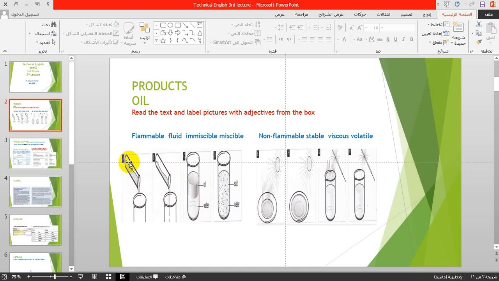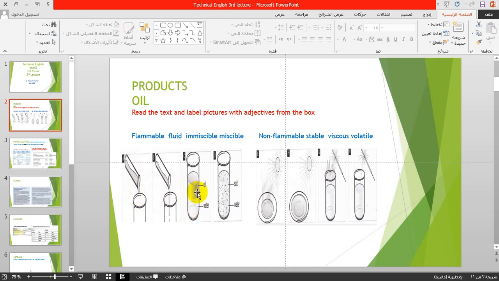Number A is viscous. Number B is fluid. Number C is immiscible, cannot be mixed with water.